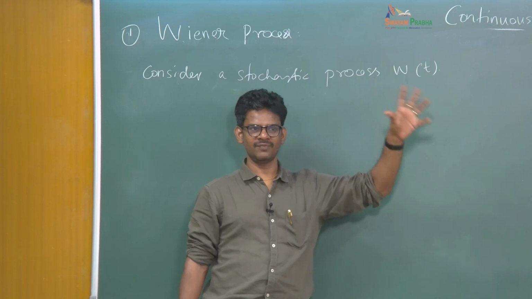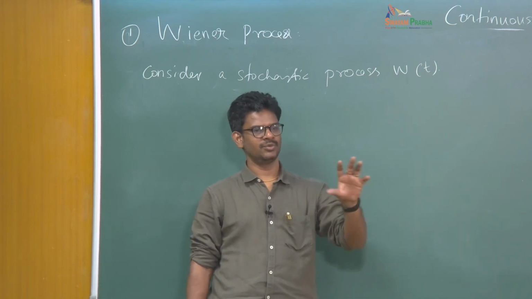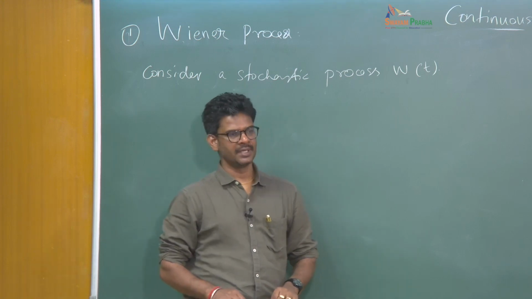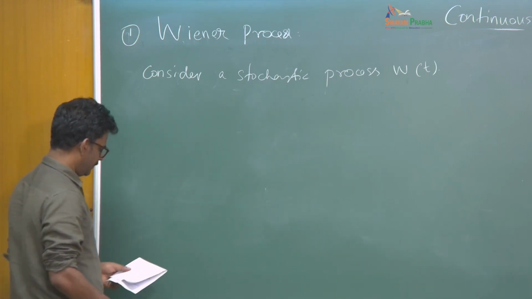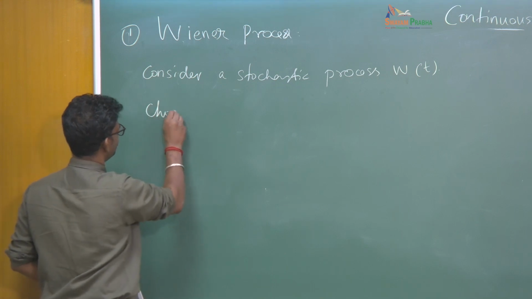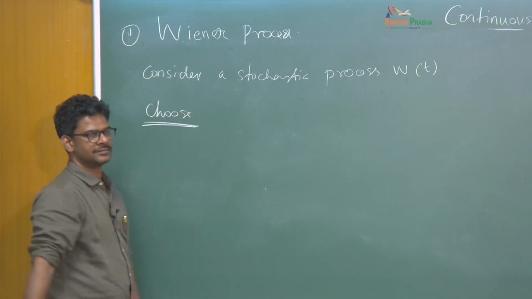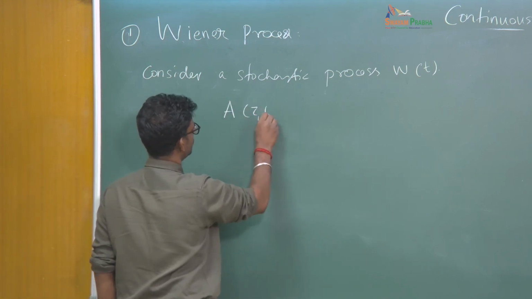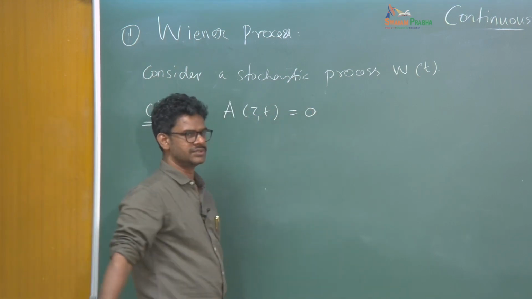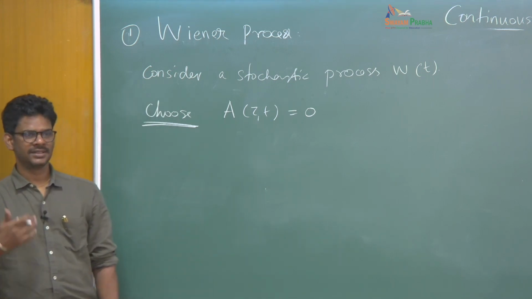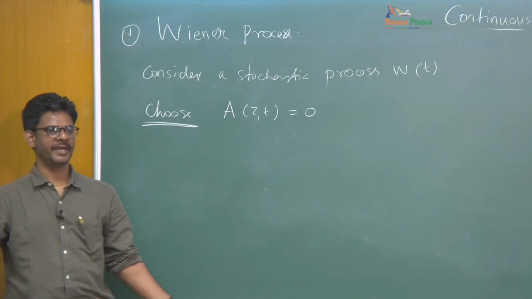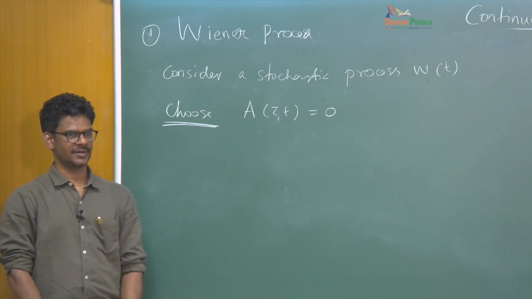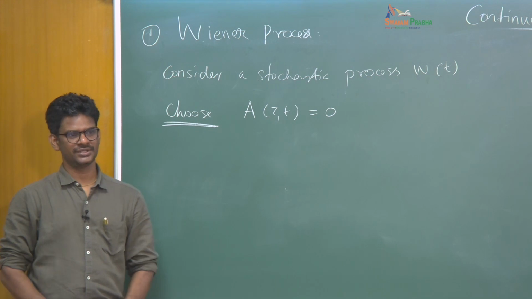It has both a random variable and a time to denote the evolution of the process, the dynamical evolution of the process. So here, as I said, we have to make a choice about the characteristic functions. We take A(z, t) equal to 0, which means the drift is 0: the particle is not going anywhere, the mean position is 0, or the rate of change of the mean position is 0.